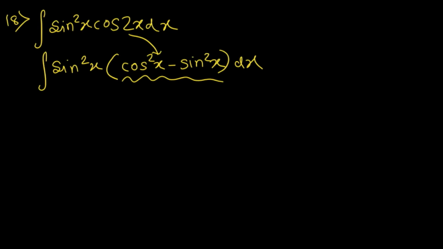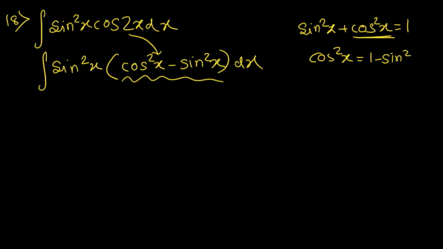So if we see the identity, sin square x plus cos square x equals 1, obviously cos square x will be 1 minus sin square x, if we rearrange the sides and take sin square x to the right side.